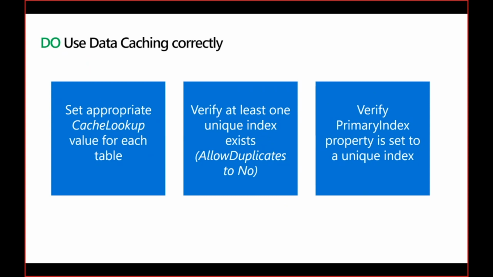For example, we see still a lot of tables which are created without a cache lookup property. If you do not set at the table level a cache lookup property, you cannot use the data caching correctly for that table.